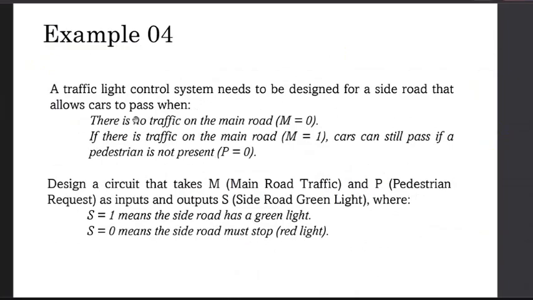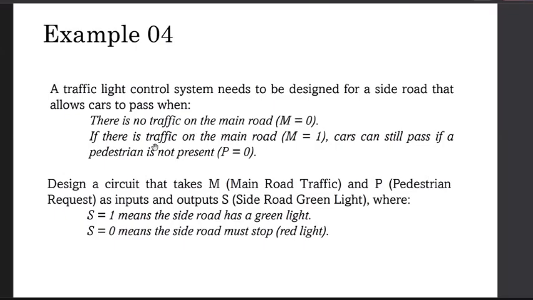So here, a traffic light control system. See, this is how a question will come. A traffic light control system needs to be designed for a side road which allows cars to pass, read it very carefully, when there is no traffic on the main road. Only if there is no traffic on the main road, a car can move, which means the output signal, the light, will be green. If there is traffic on the main road, which is M equal to 1, they are telling you, if there is no traffic, we write M equal to 0.